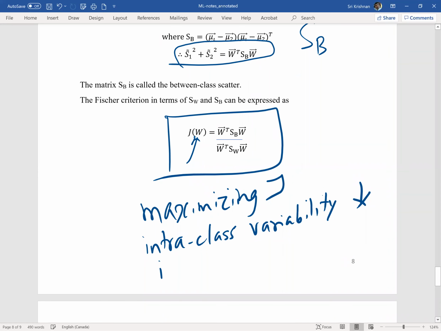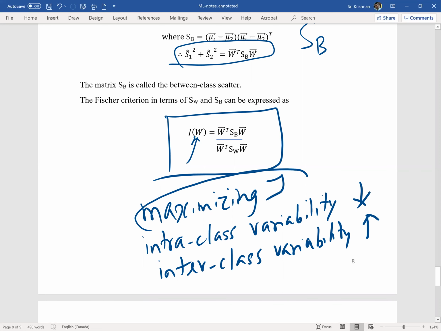On the other hand, we try to increase the inter-class, in other words, between class variability. As we increase that, which is in the numerator, and the intra-class variability, which is the scatter matrix within class, is decreased, then the overall function increases. So the whole idea is to maximize this J.